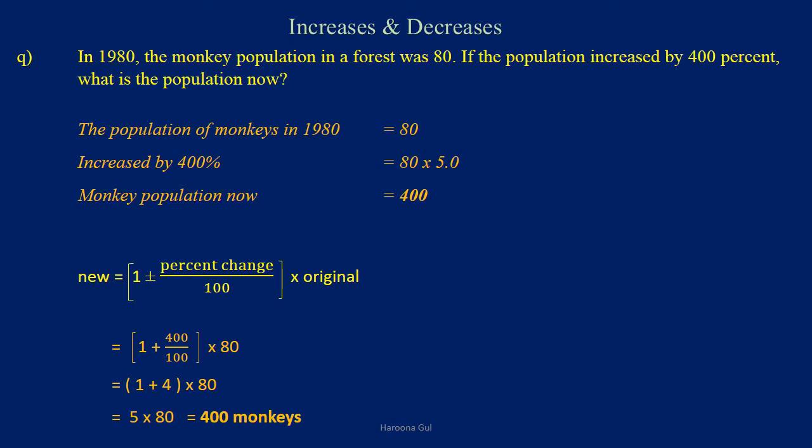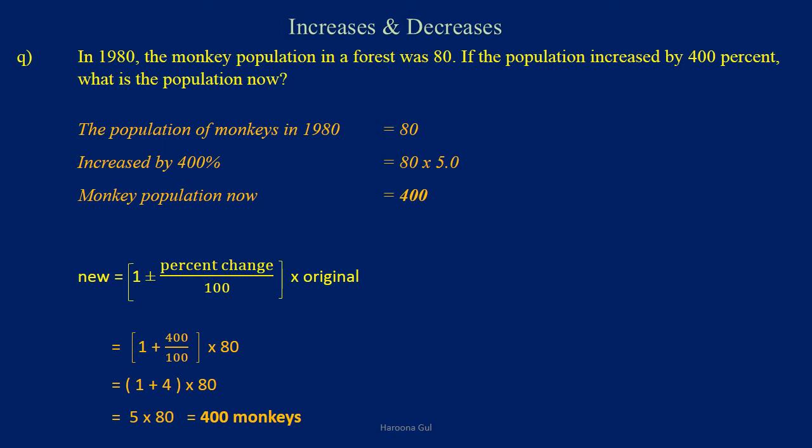Now, if you're confused about this, you know, the percentage increase, just follow the formula, which is new value is equal to 1 plus minus, depending on the type of change. If it's an increase, you're going to add. If it's a decrease, you're going to subtract. So 1 plus minus percent change over 100 into original, which is going to give us 1 plus 400 over 100 into 80.